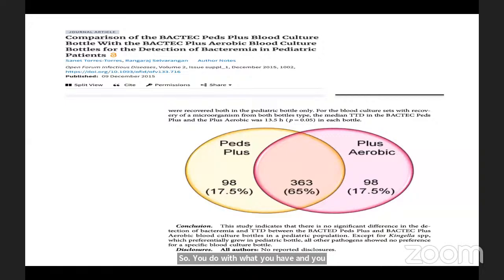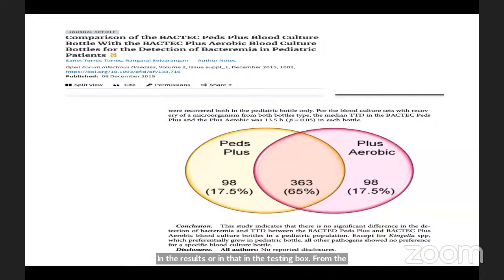So this is a study that was done in 2015, comparing the BACTEC pedics with the BACTEC adult aerobic. And they realized that there was no significant difference in the results or in detecting bacteremia from using the pedics and the adults.